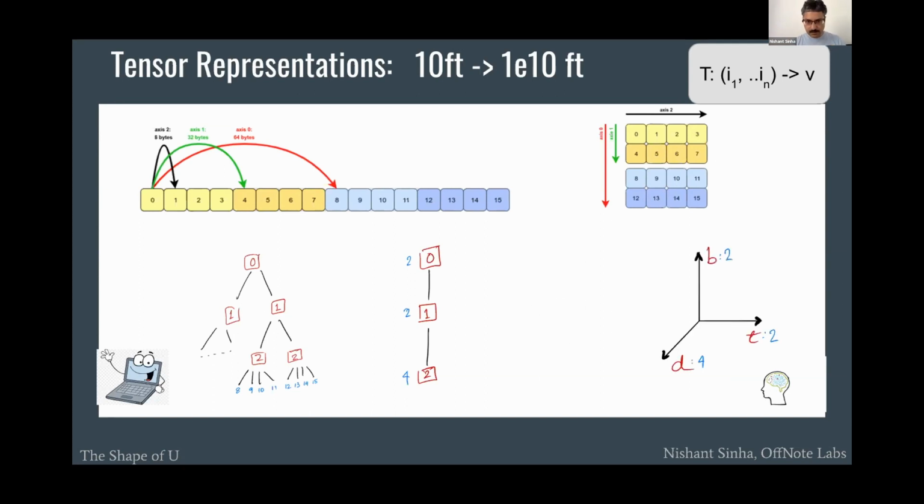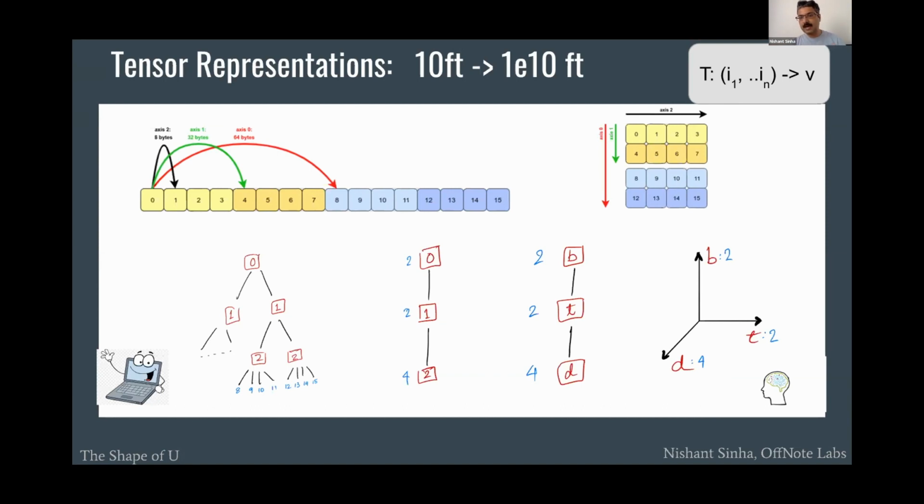So the gap: on the left side is the computer, on the right side is your mind. This is a linearized tree, which the computer understands. On the right-hand side, we think of these programs as axes. The data is parameterized along these axes.